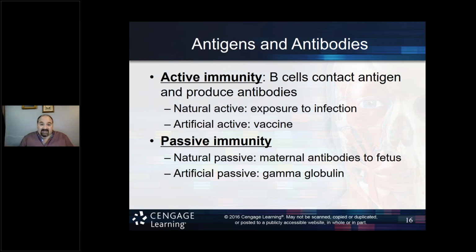So immediately, if there's any type of rabies virus present, this blood product, this artificial passive gamma globulin injection, can be injected into the patient, and they can right away mount an immune response.